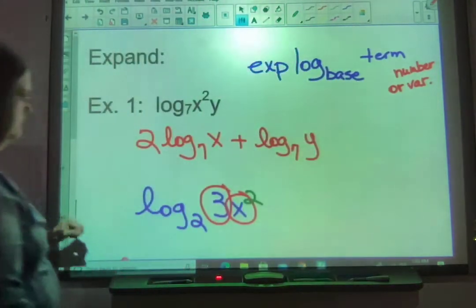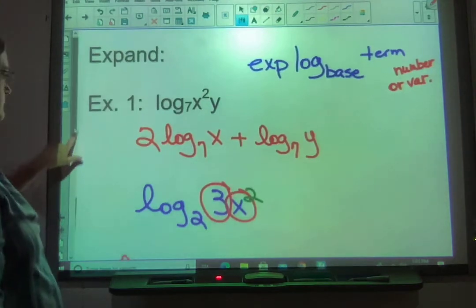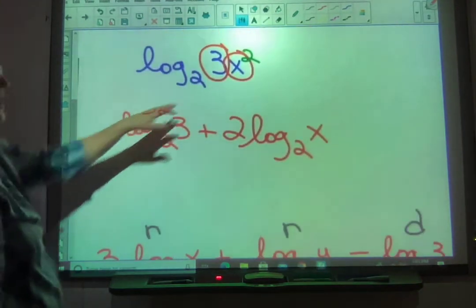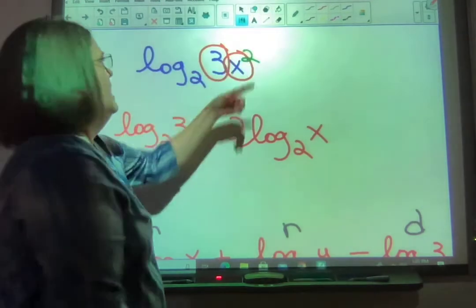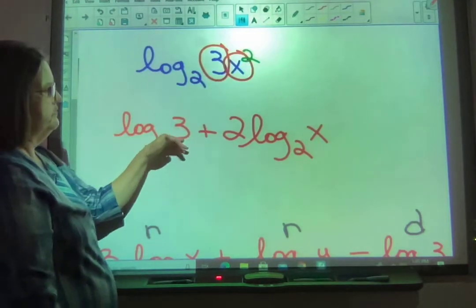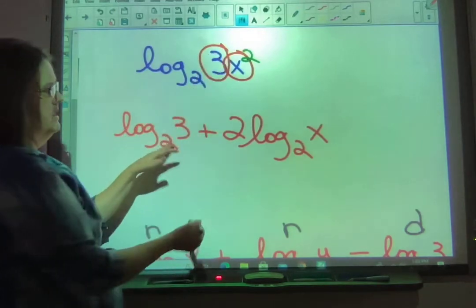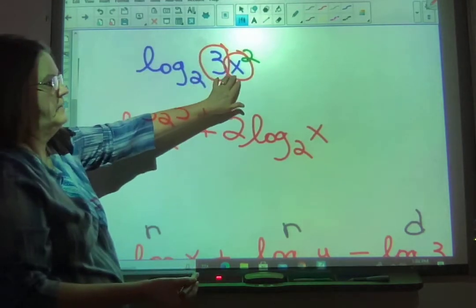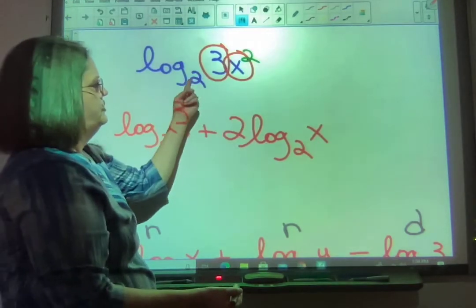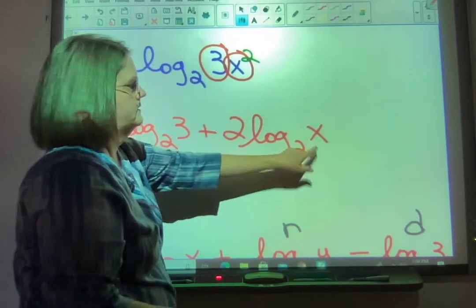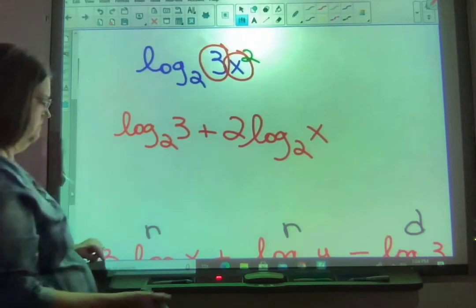That's how it goes. So if I were to do log base 2 of 3x squared, I'm going to write log base 2 of 3. 3 does not have an exponent. Plus, because this is multiplication, 2 log base 2 of x. And that's how you would do that one.